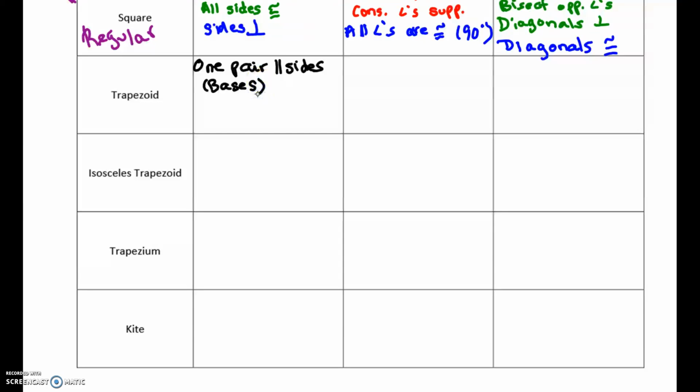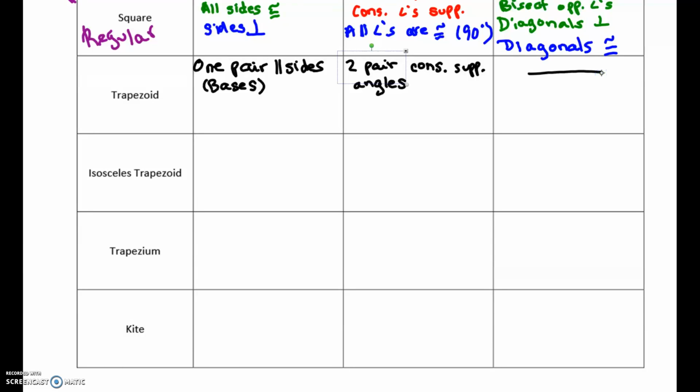And when we have one pair of parallel sides, that makes two pairs of consecutive supplementary angles. And there's nothing special happening in their diagonals here.